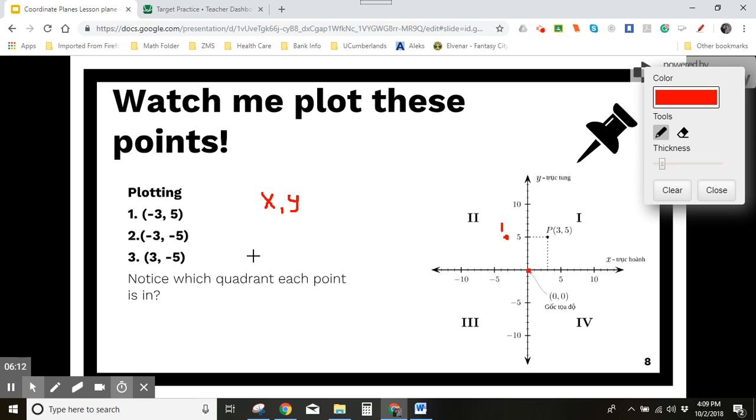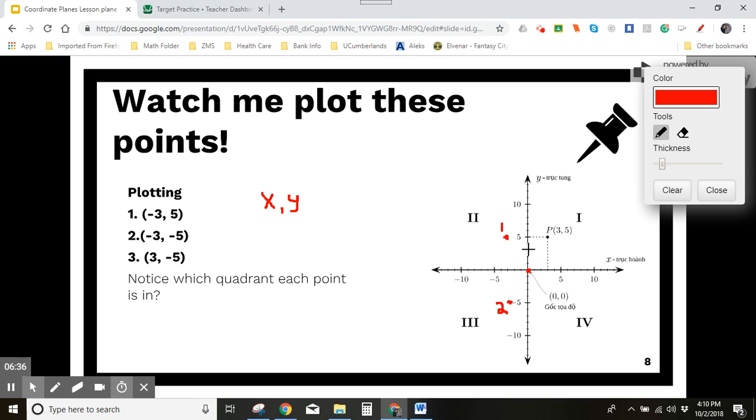All right, plotting number 2. My x value is still -3. So again, start at 0, 0, go to the left because all my negative integers are to the left. And then I go down 5 because my y value is negative, and I plot my point. This is point 2.